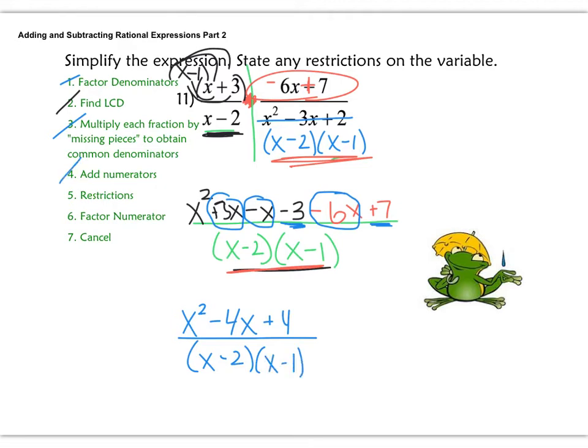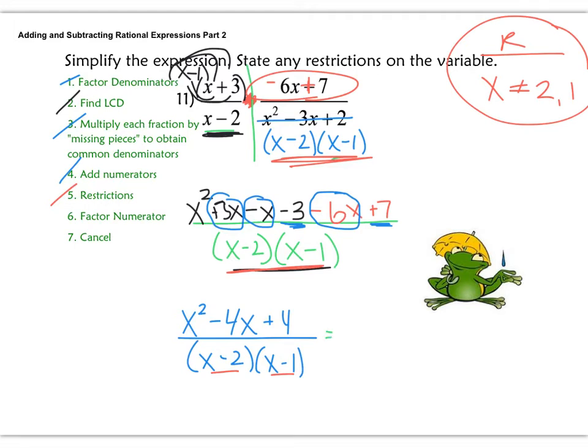So that was adding numerators. Next is restrictions. So x cannot equal, let's see, it would be 2 and 1. That's restrictions.